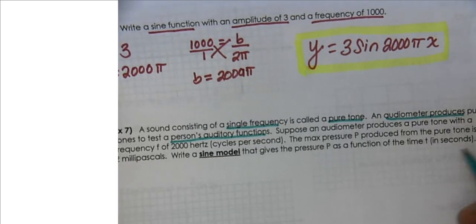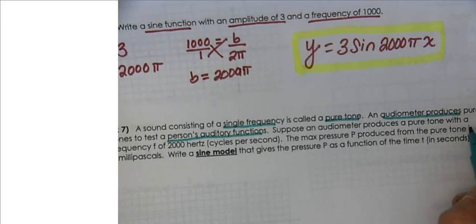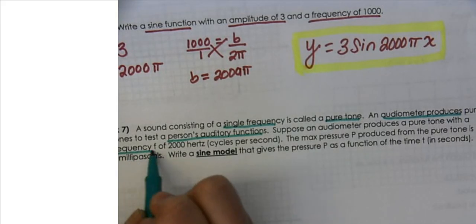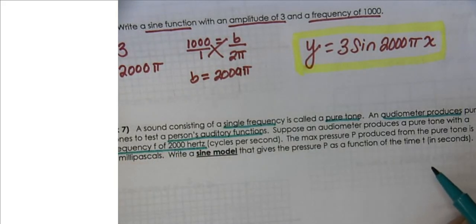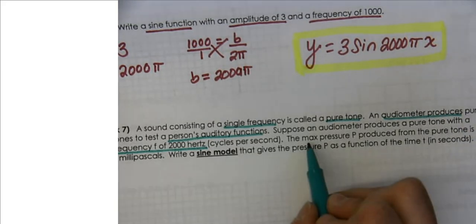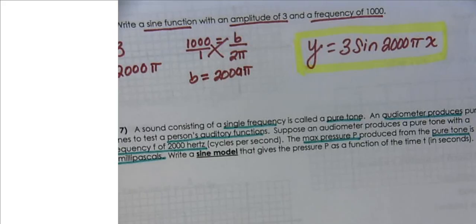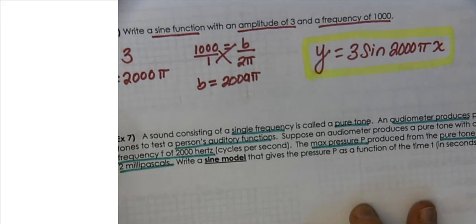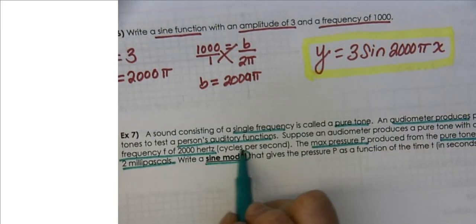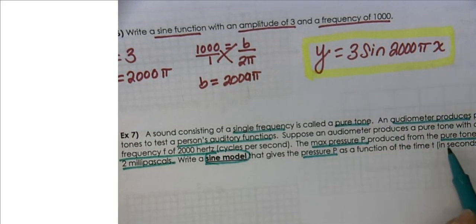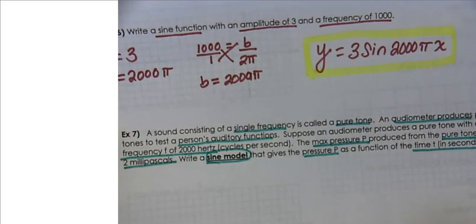Suppose an audiometer produces a pure tone with a frequency F of 2,000 hertz, cycles per second. The max pressure P produced from a pure tone is 2 millipascals. Write a sine function or sine model that gives the pressure P as a function of time t seconds.